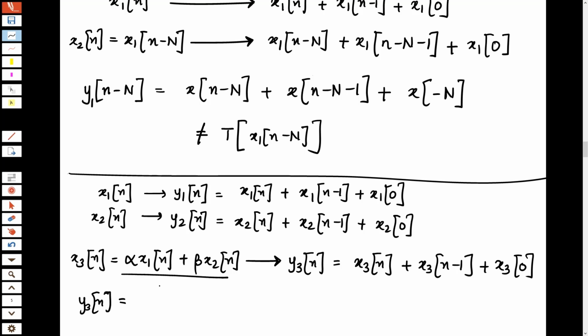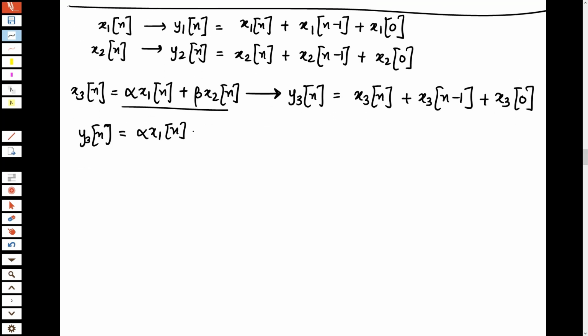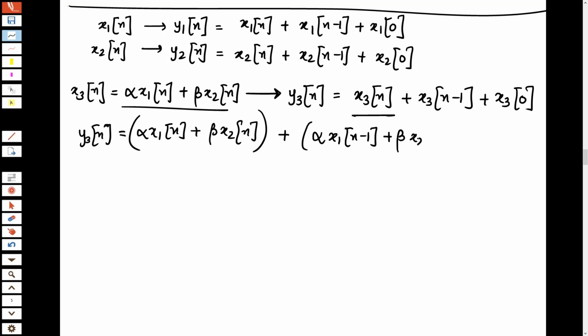x3[n], that means alpha times x1[n] plus beta times x2[n], this term, plus x3[n-1], so alpha times x1[n-1] plus beta times x2[n-1], plus x3[0].